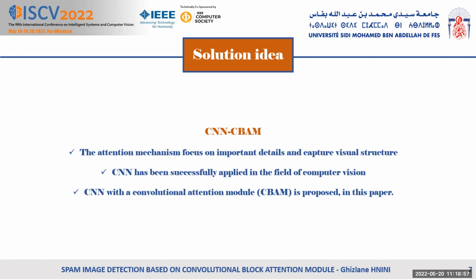In our study, a CNN with a convolutional attention model is proposed. So we combine convolution block attention with the CNN to simulate the visual attention mechanism and enhance the flow of information in channels and spaces.